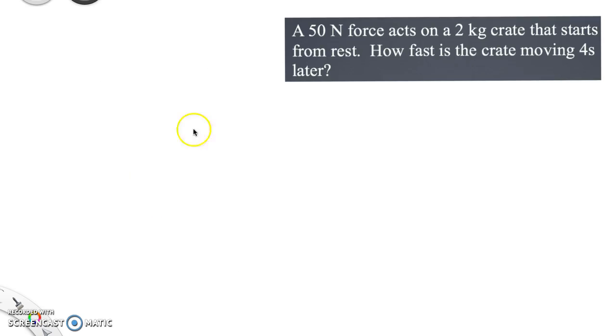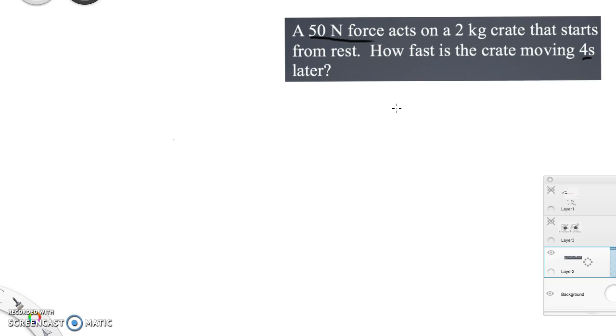Okay, so we're given a 50 Newton force that acts on a 2 kilogram crate that starts from rest. How fast is the crate moving 4 seconds later? All right, so we're given a force and a time, and that's a clue to me that we should look at this from the perspective of impulse and momentum.